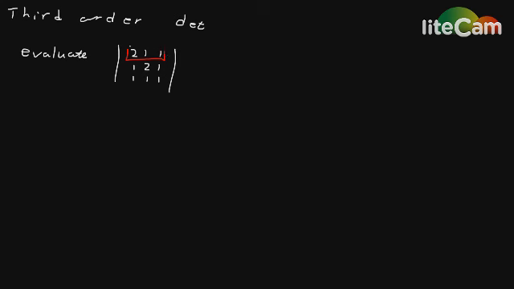So all of the elements in the top row, we need to find the minors of them. Actually, the cofactors of each of these elements, and then we are going to add that together, and that will be the value of the determinant. So this is where this pattern method comes in that they talk about.